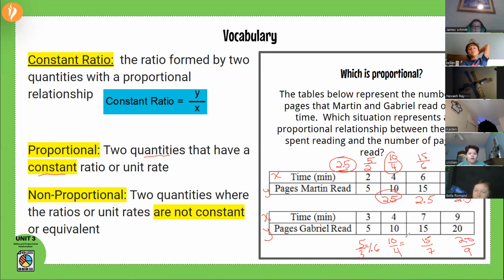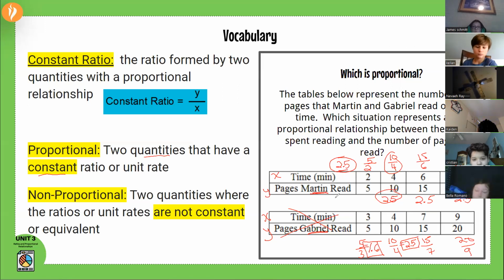It's 2.5. So the very first time you see the two rates are different, you know that this does not represent a proportional relationship. The way you check it is by dividing Y by X. So Martin read at a constant rate and Gabriel did not.